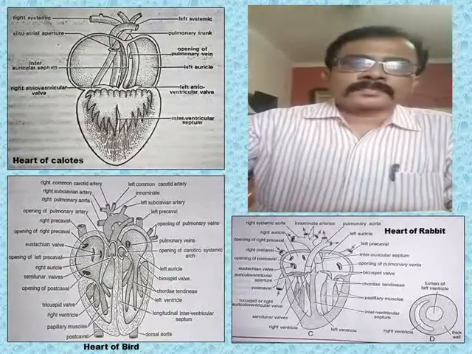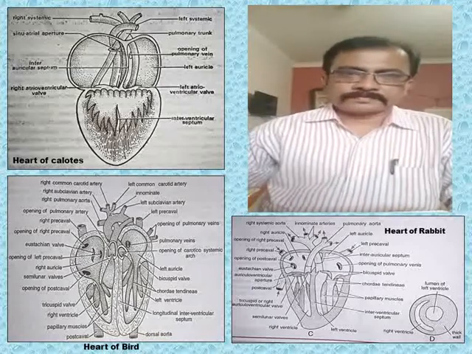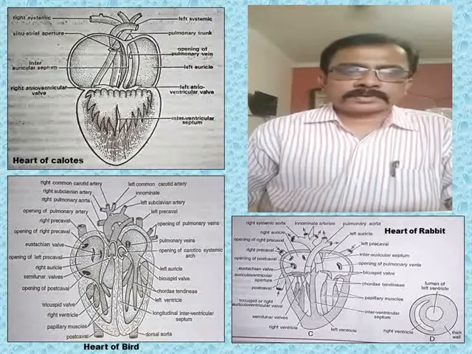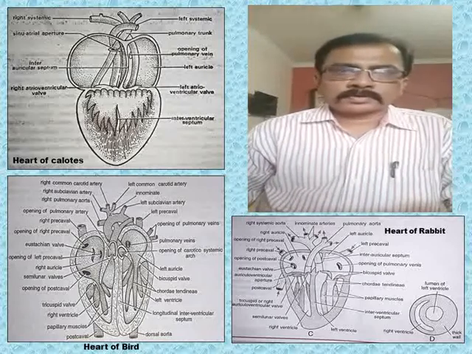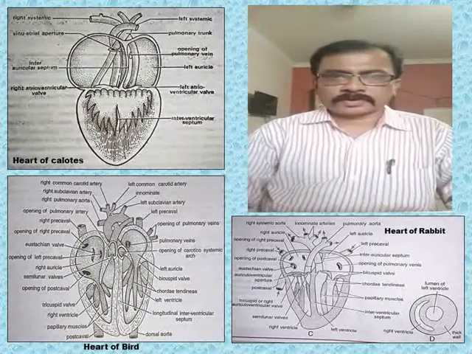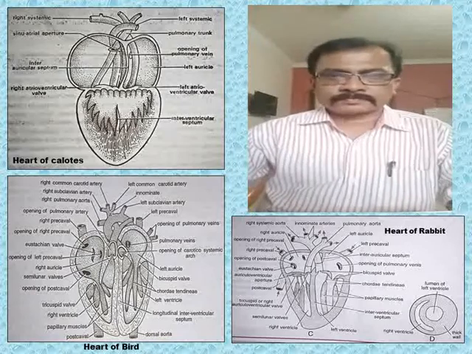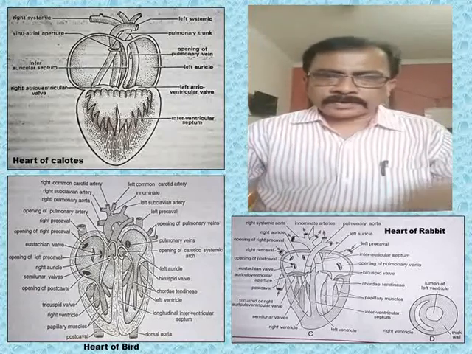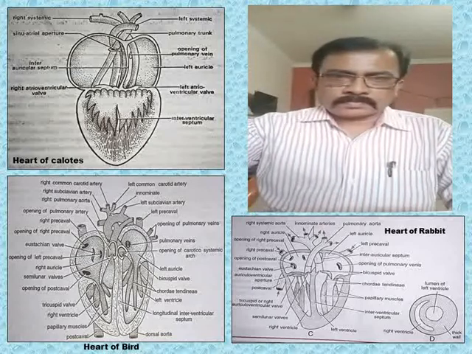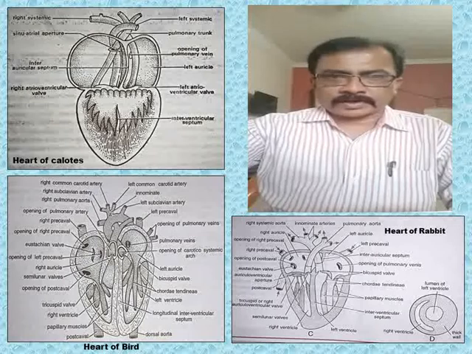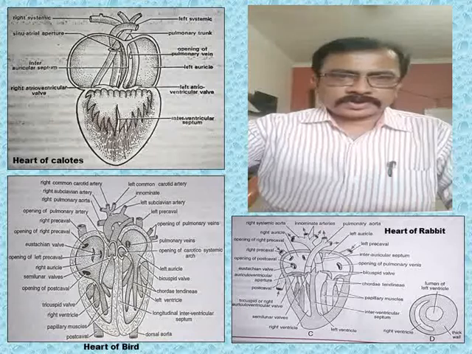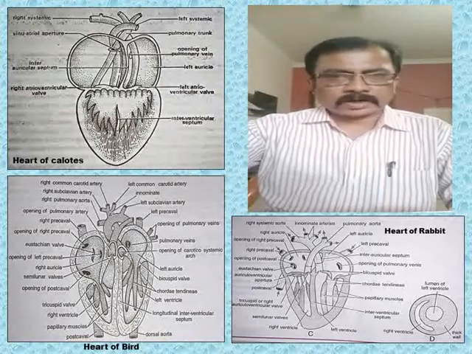Okay, my dear students, let us continue with the discussion on comparative account of anatomy of all vertebrate hearts. In the previous discussion, we have studied about the comparative anatomy of shark and frog heart.